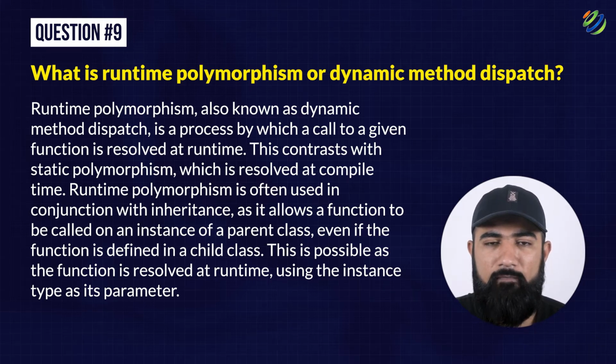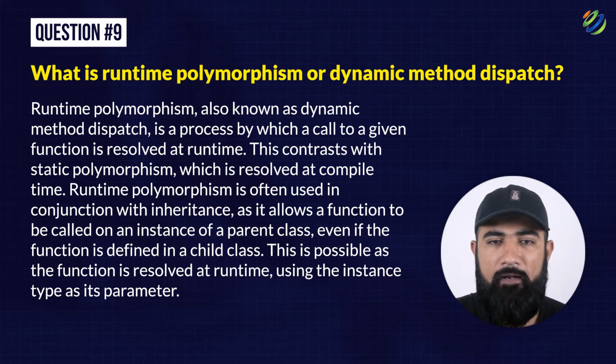Runtime polymorphism is often used in conjunction with inheritance, as it allows a function to be called on an instance of a parent class. Even if the function is defined in a child class, this is possible as the function is resolved at runtime, using the instance type as its parameter.